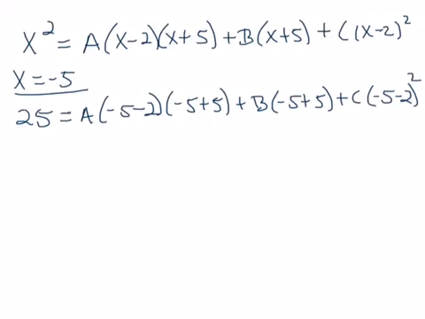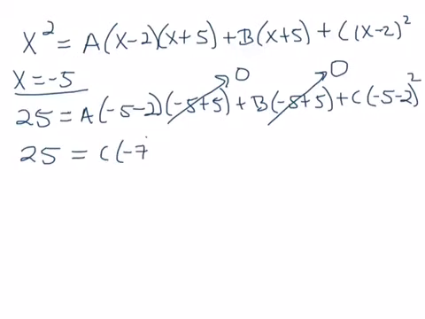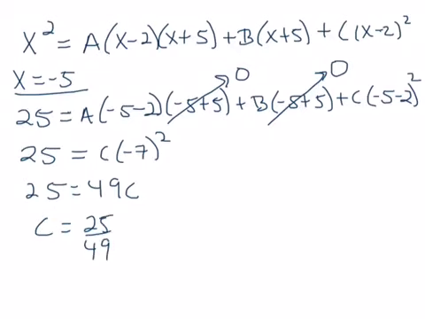Just about finished with this one. Negative 5 plus 5, as we wanted, goes to 0, and also here too. So we have the equation 25 equals C times negative 7 squared, so that's 49. 25 equals 49C. So C is equal to 25 divided by 49.